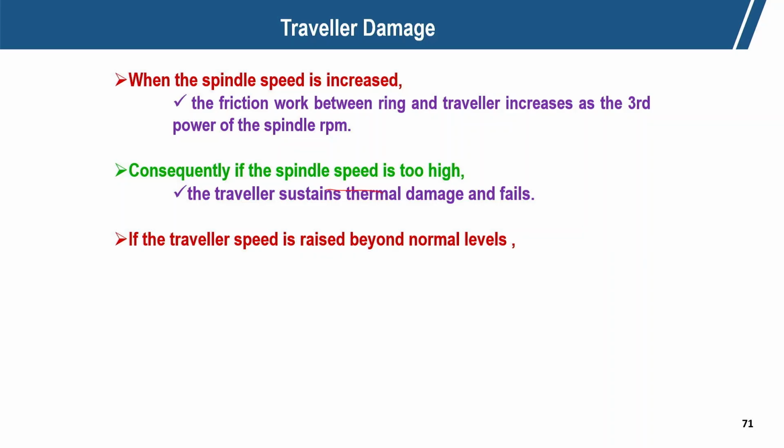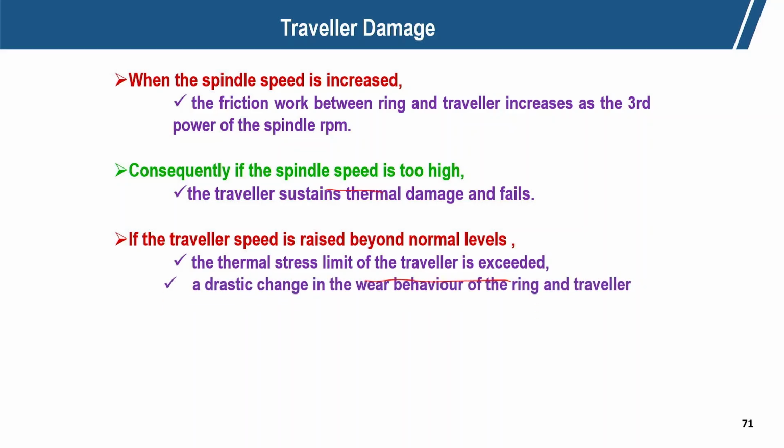If the traveller speed is raised beyond the normal level, the thermal stress limit of the traveller is exceeded, and there is a drastic change in the wear behavior of the ring and traveller. So, we should be careful not to increase the traveller speed beyond a certain level.